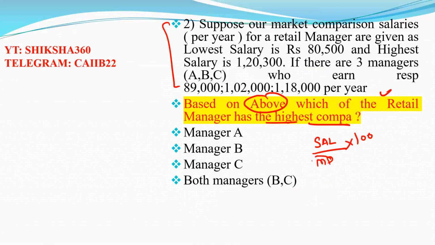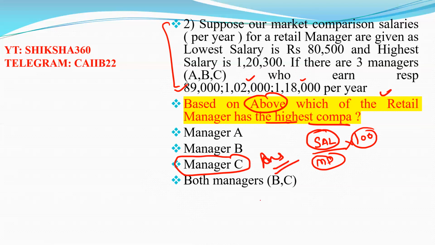The midpoint is fixed, so the person who has the highest salary has the highest Compa. Among A, B or C, manager C has the highest salary. So manager C has the highest Compa. We don't need to solve this question; we can directly move towards C.